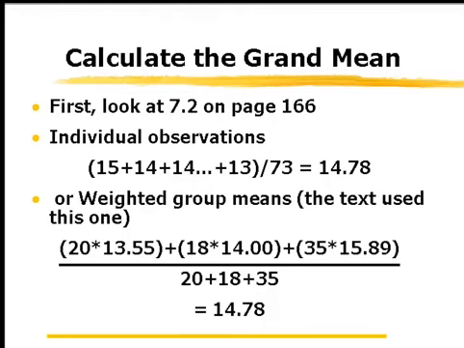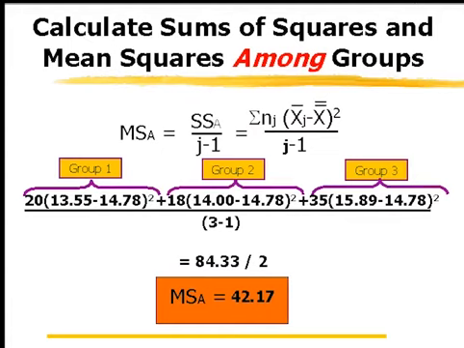So the next step then is to calculate the sums of squares. First of all, you calculate the sums of squares among the groups, divided by the number of groups minus 1. In this instance, we have 20 people in group A, just as we did before.